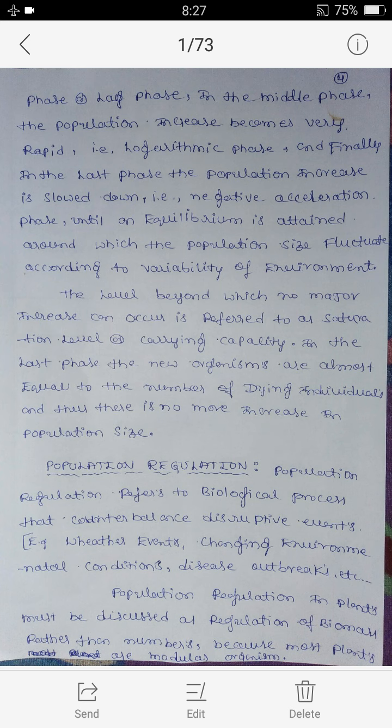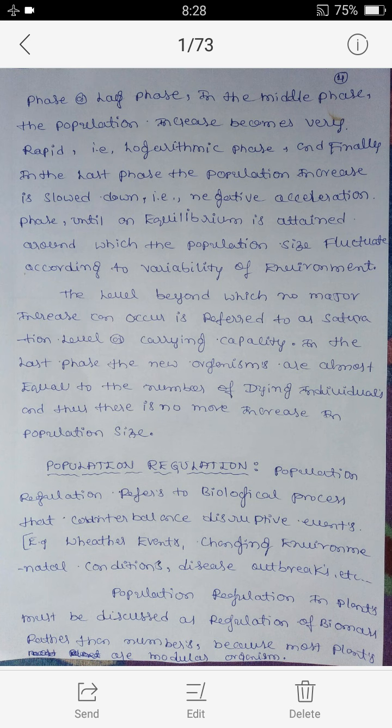The level beyond which no major increase can occur is referred to as saturation level or carrying capacity.